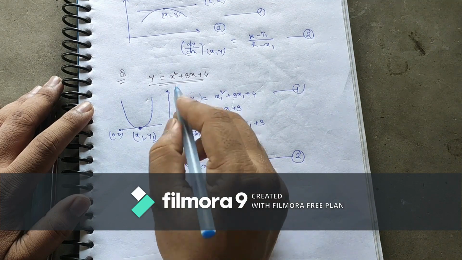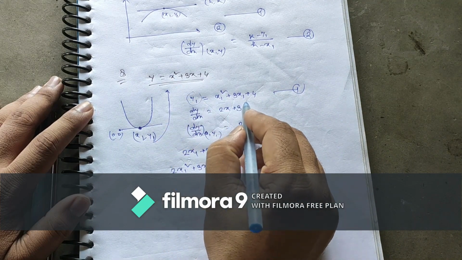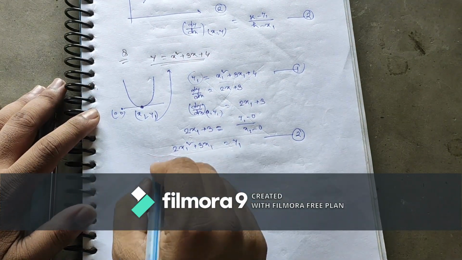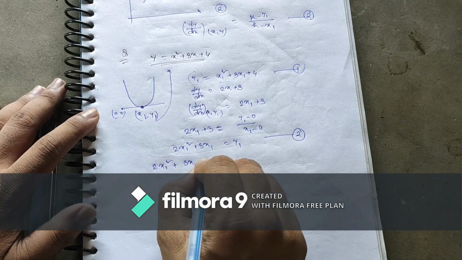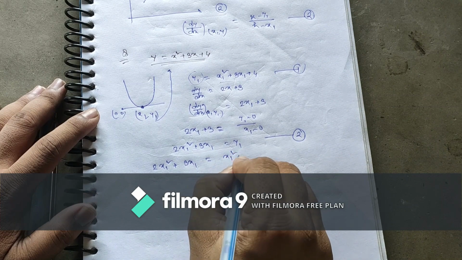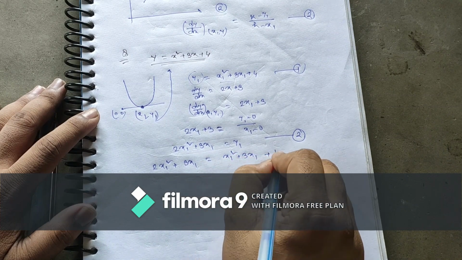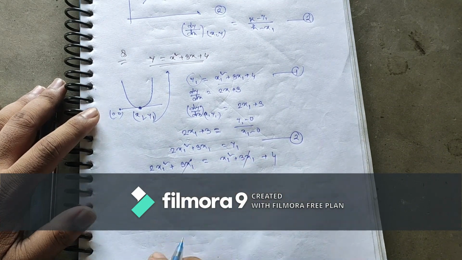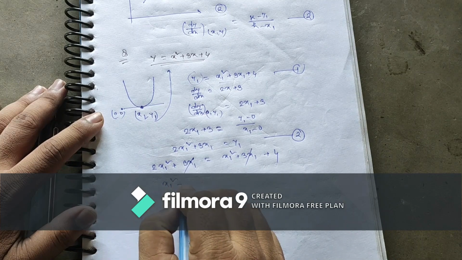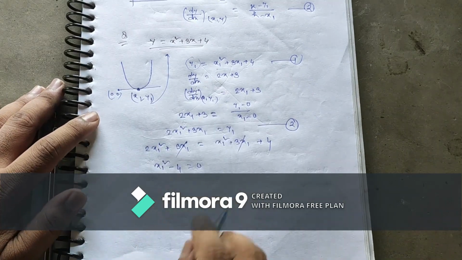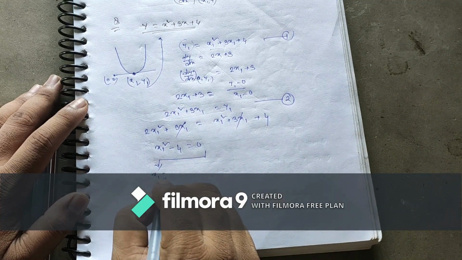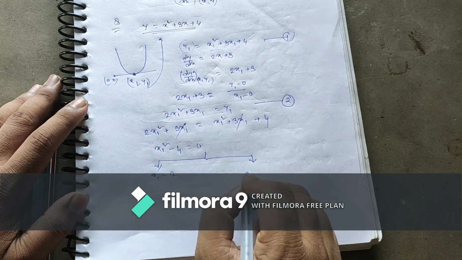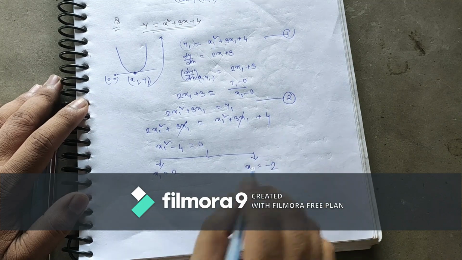From here we know that y1 equals x1 square plus 3x1 plus 4. Now we put it: 2x1 square plus 3x1 equals x1 square plus 3x1 plus 4. Here we get x1 square minus 4 equals 0. From here we get two values of x1, that is x1 equals 2 and x1 equals minus 2.